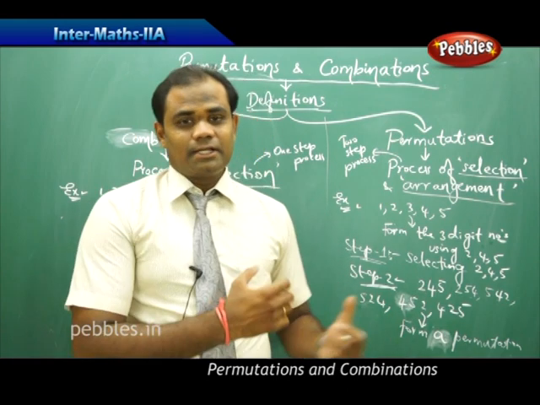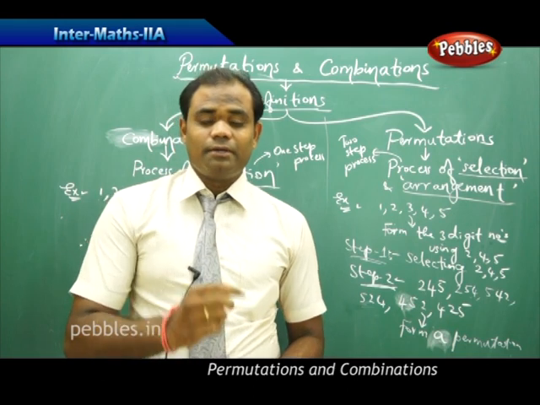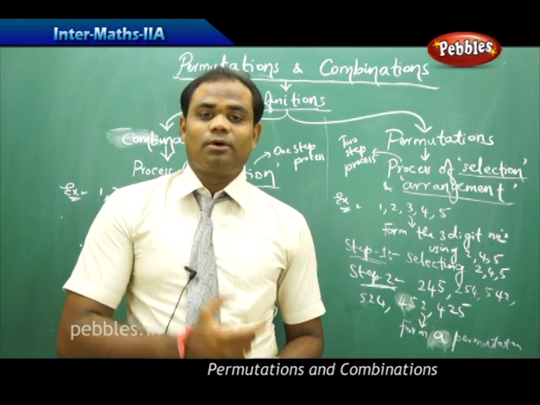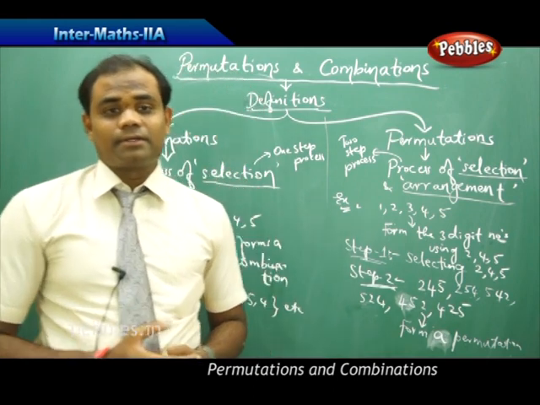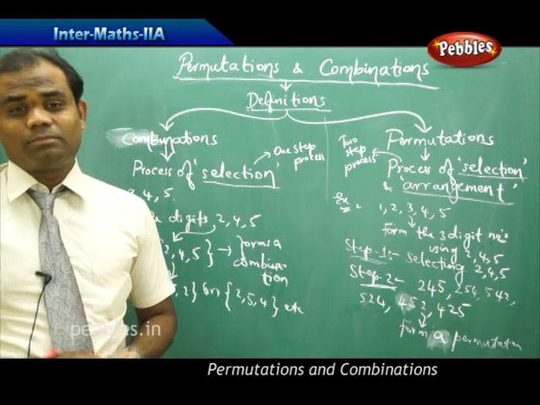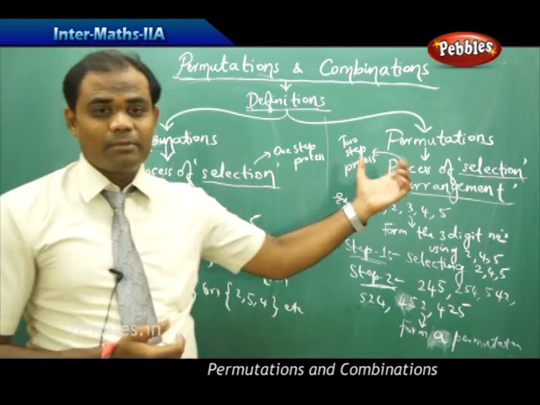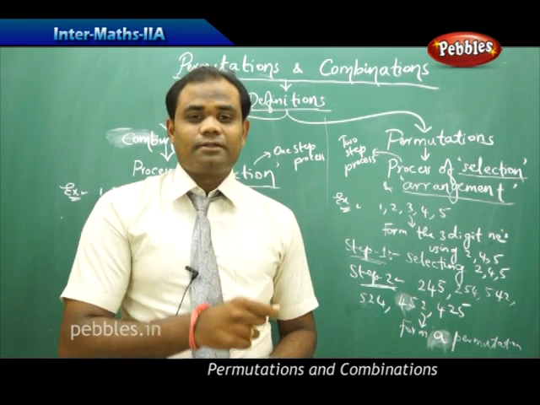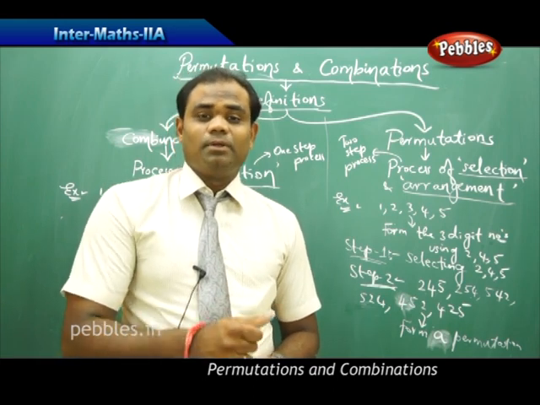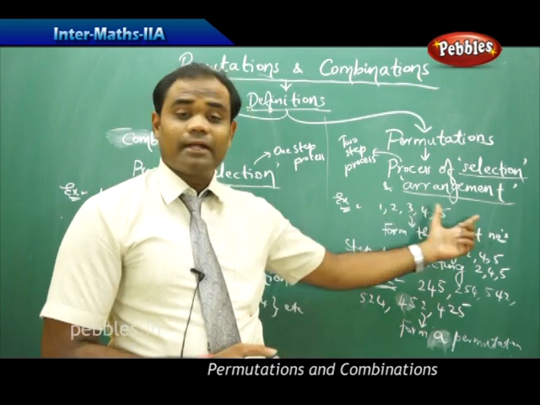Now that we have discussed the difference between a permutation and a combination, it is very important that for a given problem we identify the selection or arrangement by understanding the situation of the problem. It is not directly given as a question related to a permutation or a combination, but the student themselves need to identify whether the given problem is based on selection or on selection and arrangement.